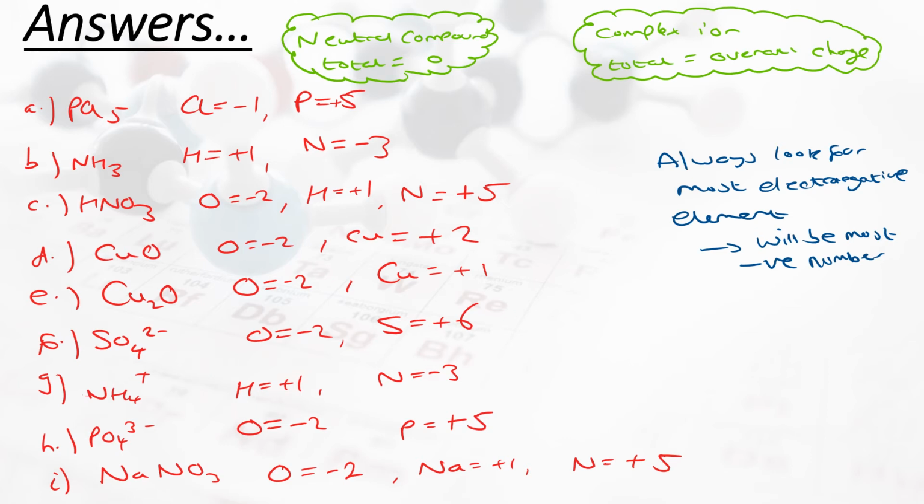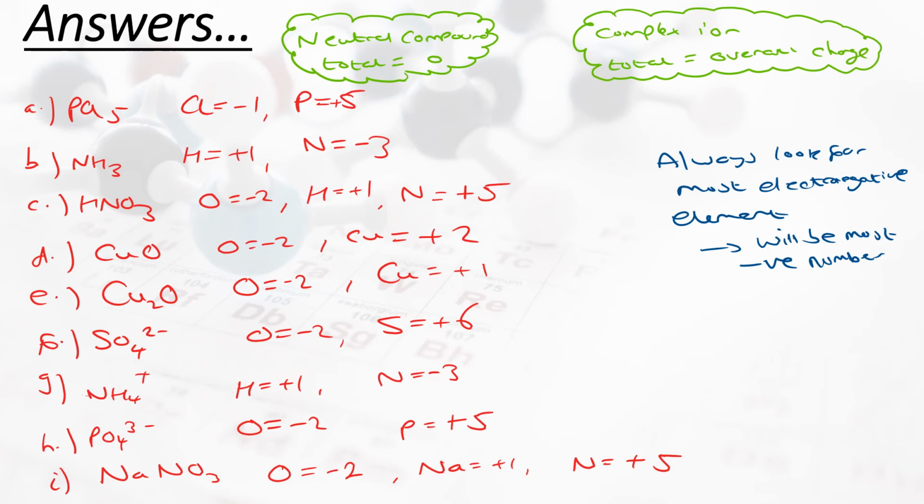For nitric acid, HNO3, the most electronegative element here is the oxygen, and so this will have the most negative number. And we know that oxygen generally, unless it's in a peroxide or with fluorine, is -2. We have 3 of these, so 3 times -2 is -6.